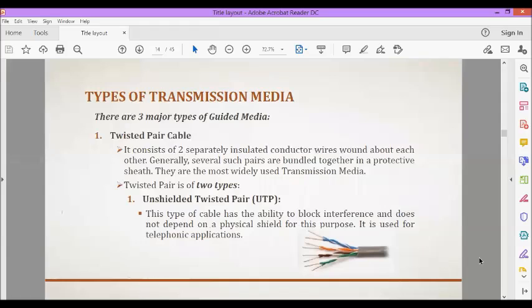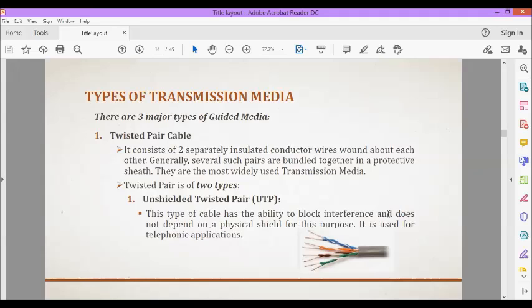There are three major types of guided media. The first one is the twisted pair cable. It consists of two separately insulated conductor wires wound about each other. Generally, several such pairs are bundled together in a protected sheath. They are the most widely used transmission media.